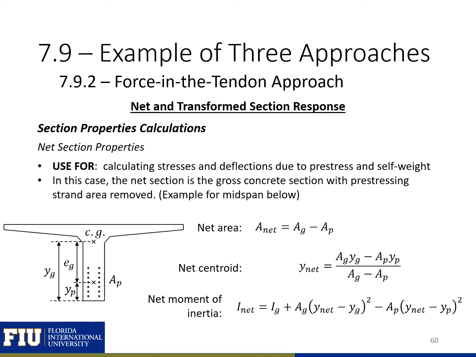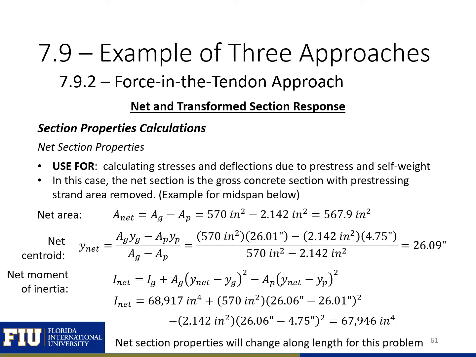Using our gross section properties, our strand area, and the location of the strand, with all of our long-term effects that we calculated on the last few slides, we can calculate our net and short and long-term transform section properties. Shown here are the equations that we'll use to calculate our net section properties: our net area, our net centroid, and our net moment of inertia.